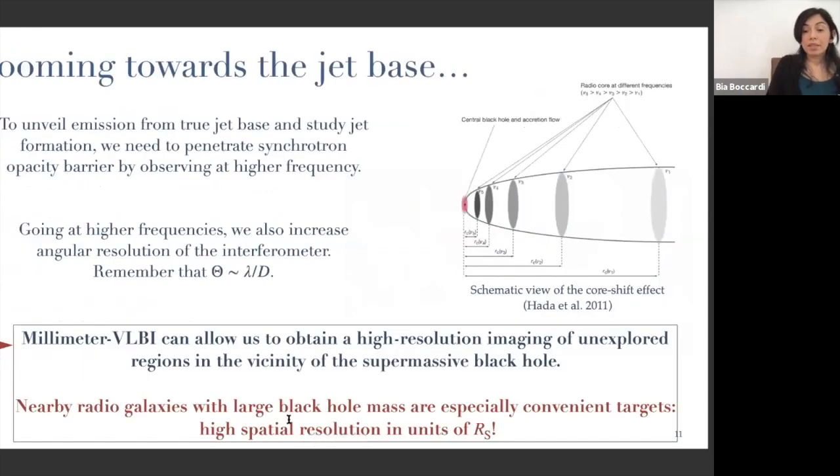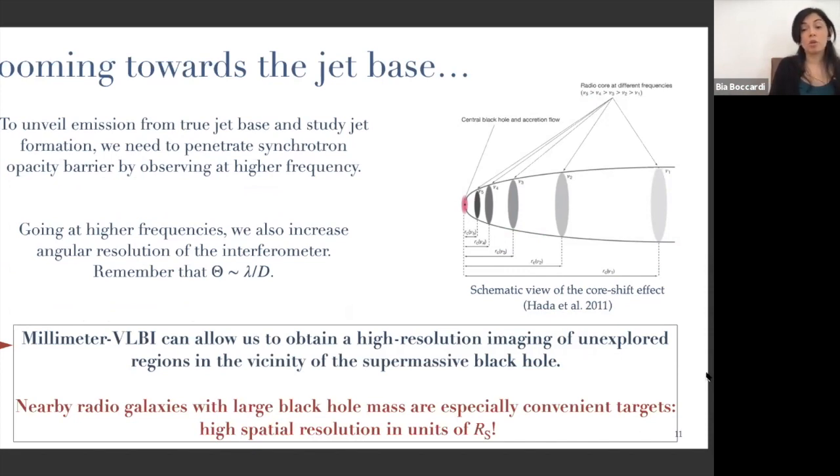So remember what I said before about the nature of the core. If the core is the location where the emission is becoming optically thin, then we can penetrate closer and closer into the jet base by observing at higher and higher frequency. So we need to observe in the millimeter regime.